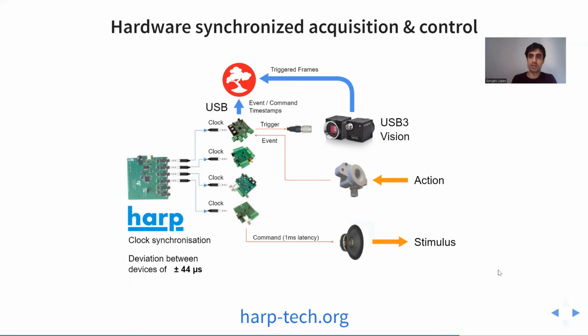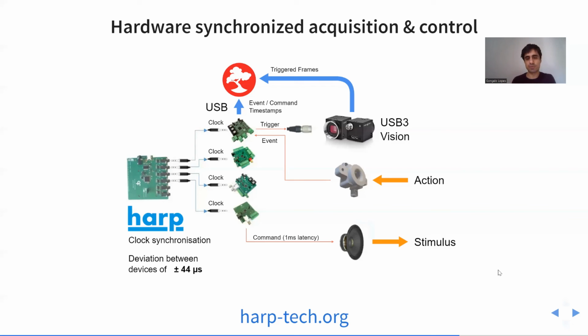everything that is measured in the device will be time-stamped with the clock of the device, and also every command you send to the device to toggle an LED or to deliver a reward will also itself, every action will also be itself time-stamped with the moment when it was actually performed.